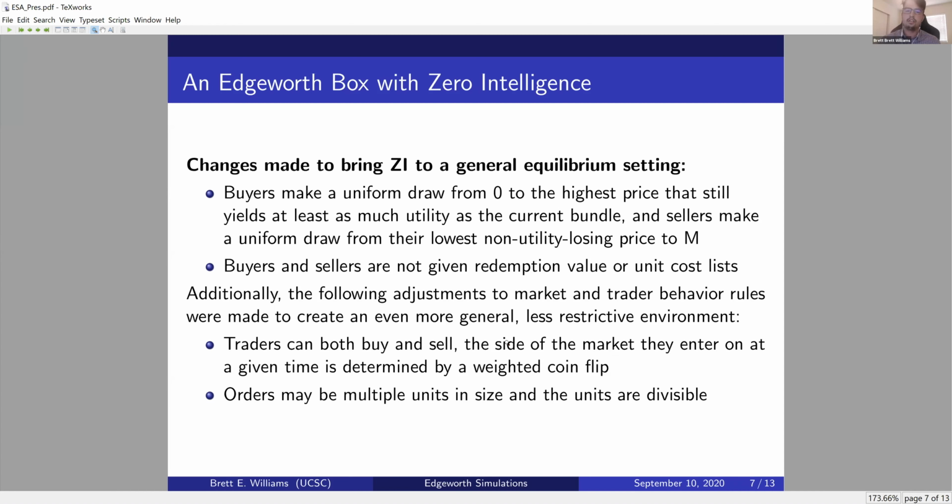Buyers and sellers are not given redemption values or unit cost schedules. They'll use this budget constraint or utility floor to push them along.